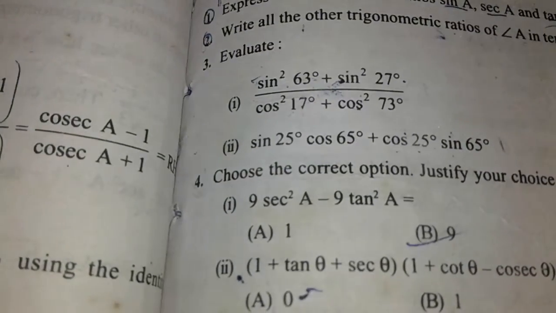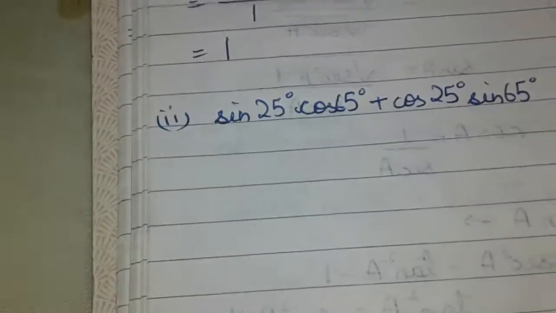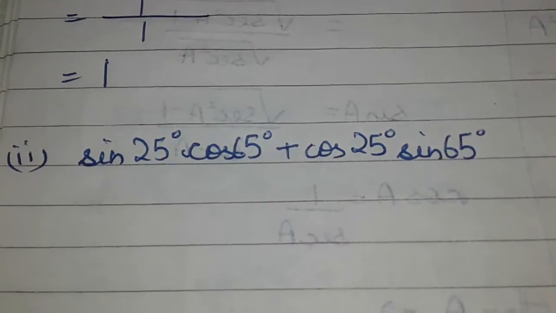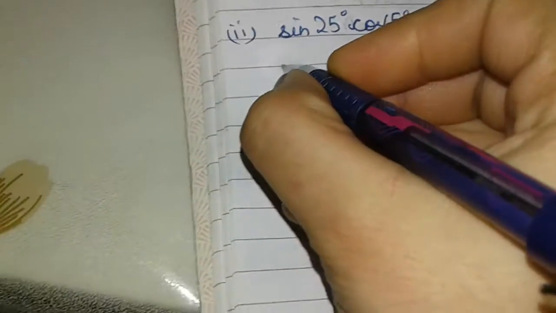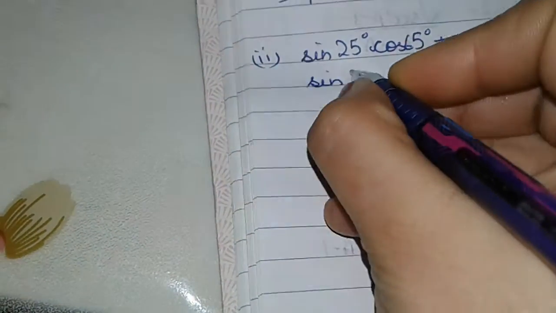Let's take another part. Sin 25 cos 65 plus cos 25 sin 65. Write down the question. Here is the question. Now start. It is sin 25.